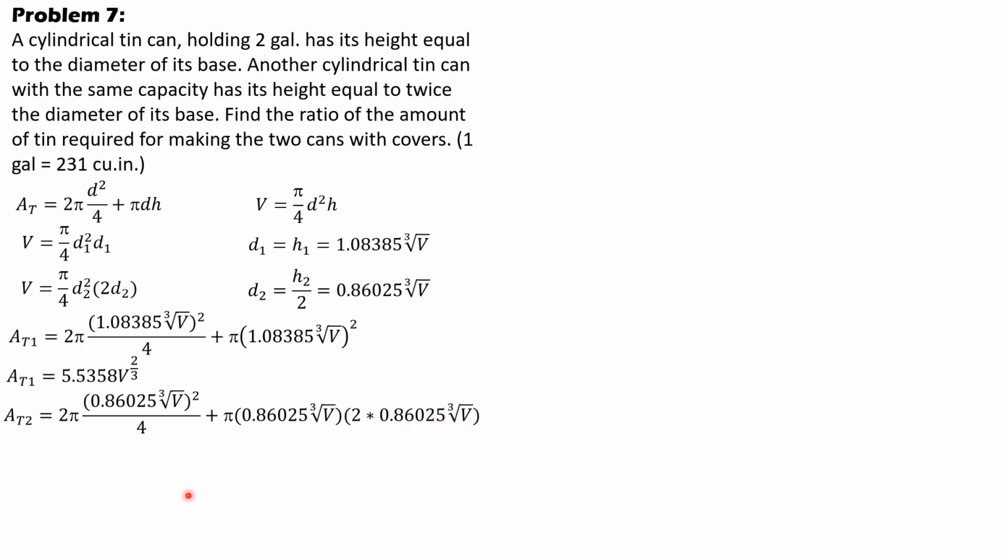Then in terms of V to the 2/3, total surface area of the second cylindrical tin can is 5.8122 V to the 2/3. Therefore, for the ratio, total surface area of cylindrical tin can 1 over total surface area of cylindrical tin can 2. In decimal, that's 0.9524. So that's for problem 7.